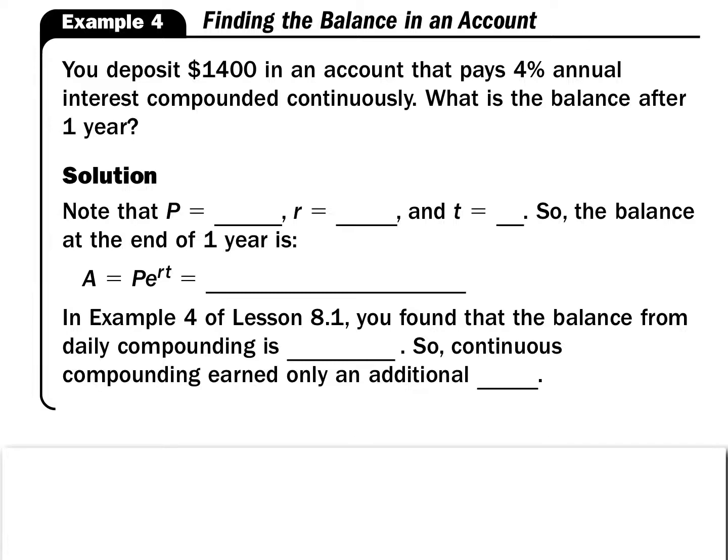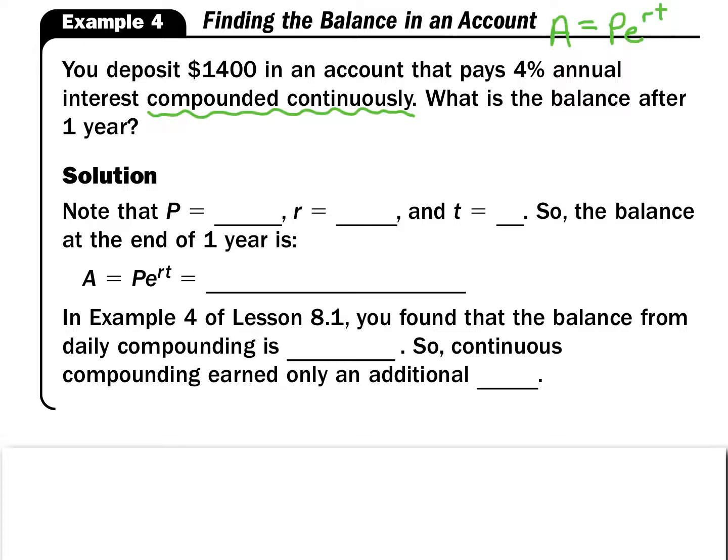Okay, so now example 4, finding the balance in an account where we've got continuously compounded interest. Compounded continuously, so this is where we use e instead of our normal formula. Our formula for finding the account balance after some period of time is A equals P, the initial principal, times e raised to the r, which is the interest rate, times time.